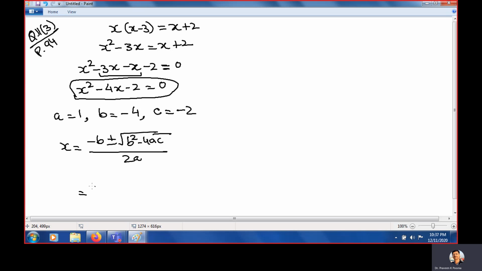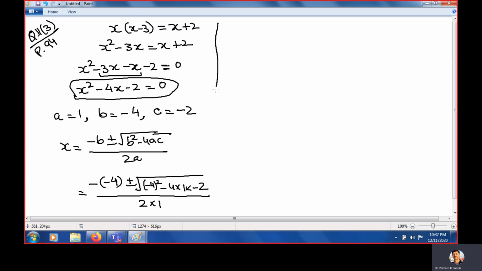This is the formula. Put the values: minus of minus 4, plus minus, square root of minus 4 whole square minus 4 into a is 1 and c is minus 2, upon 2 into a is 1. So what it will be?